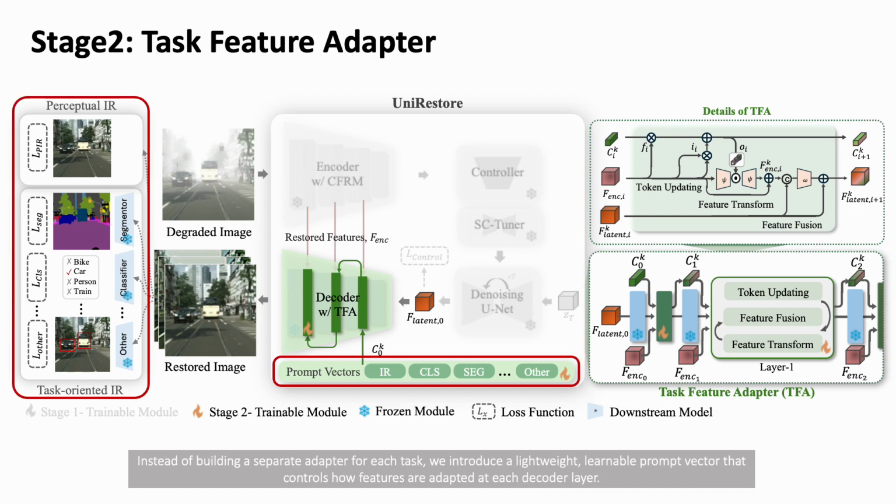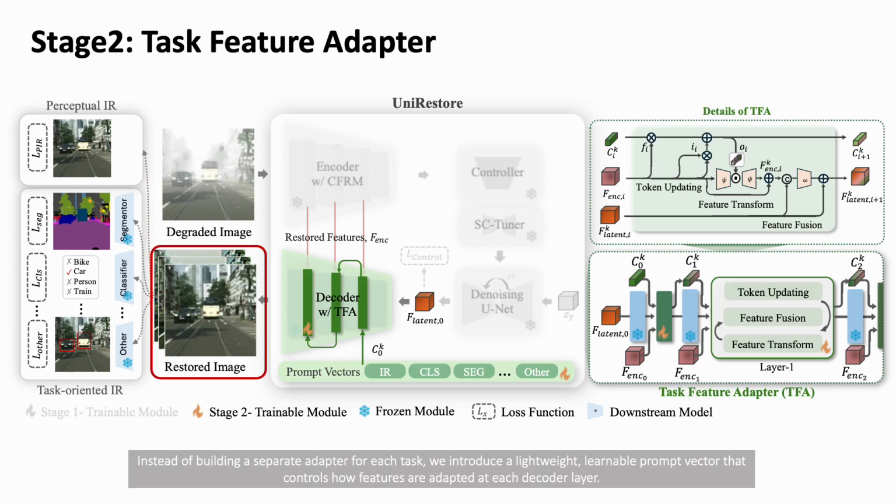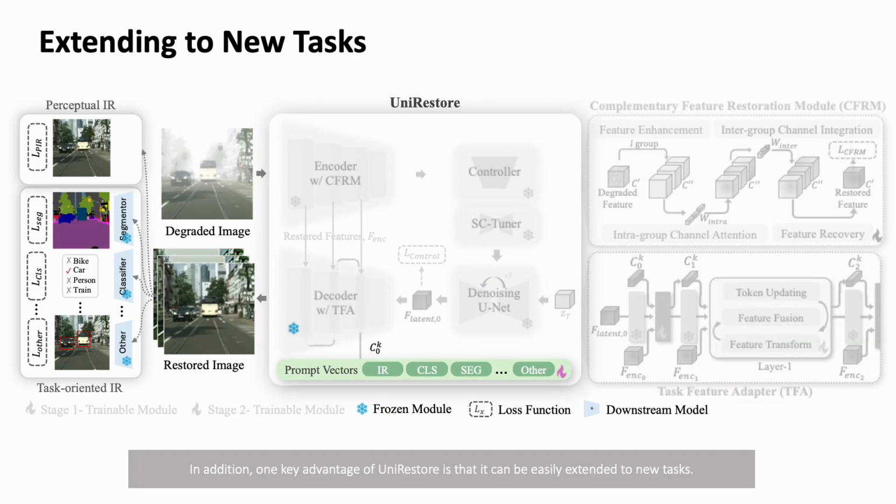Instead of building a separate adapter for each task, we introduce a lightweight, learnable prompt vector that controls how features are adapted at each decoder layer. This allows UniRestore to handle multiple tasks, such as perceptual restoration, classification, and segmentation, within a unified model guided only by task prompts.